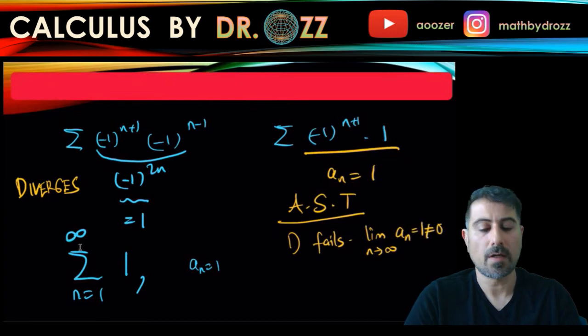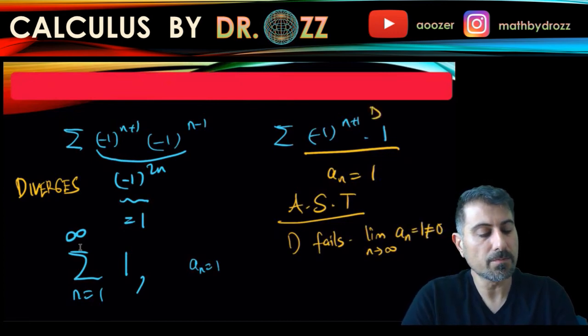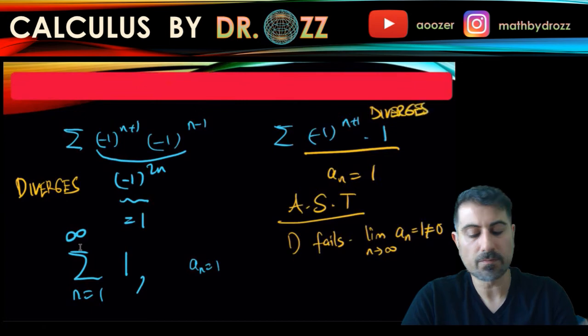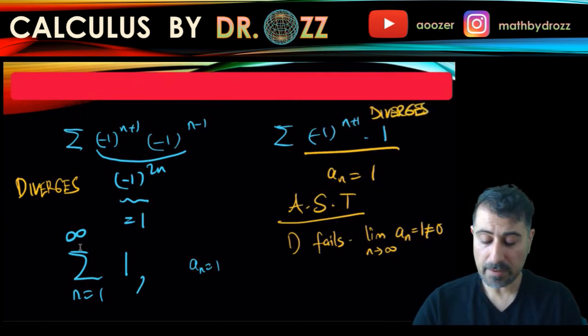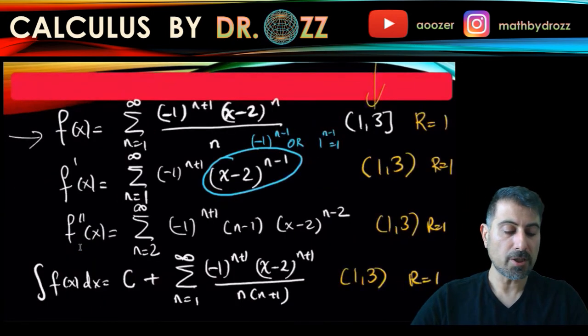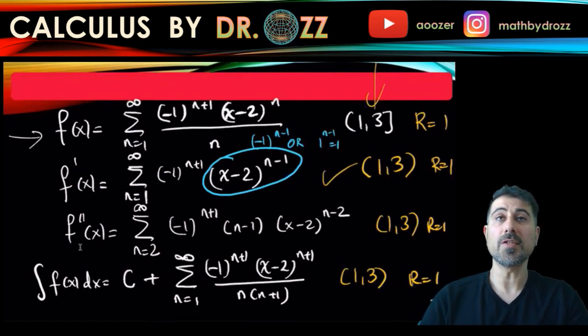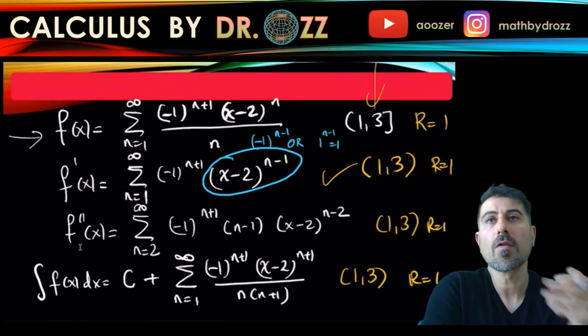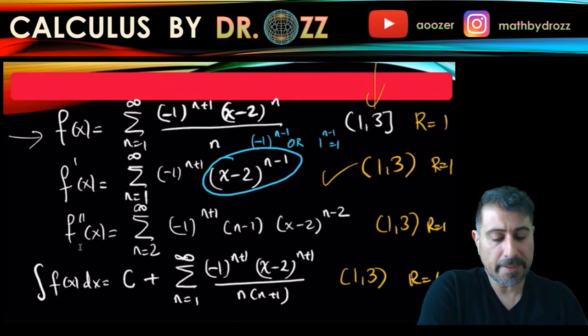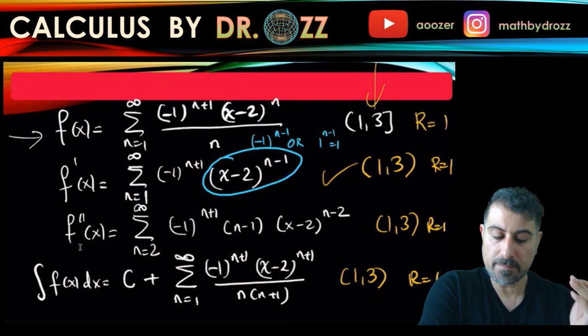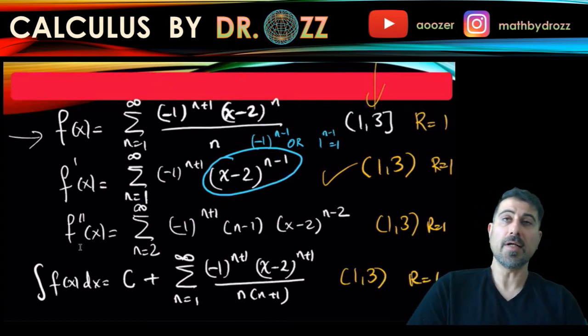And therefore this diverges as well. All right, so going back to our analysis here, I don't change anything here because for both endpoints, this series diverges.